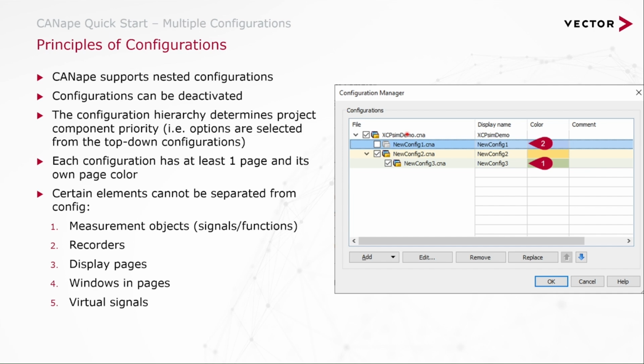The new config 1 and 2 will be equal priority, but they will be under the XCP sim demo main configuration. So the tree has a structure of priority. Each partial configuration also has at least one page and it has its own display color. Certain elements also cannot be separated from the configuration, such as measurement objects, recorders, display pages, windows, and virtual signals.